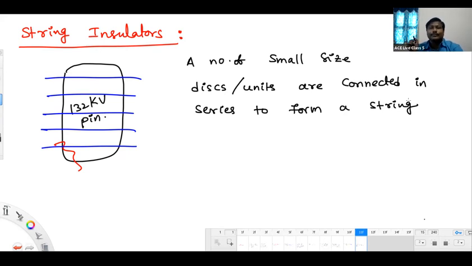Small size insulator discs are connected in series to form a string.